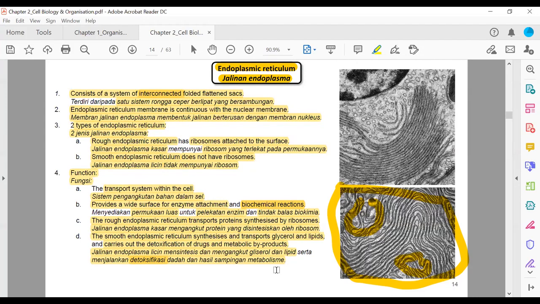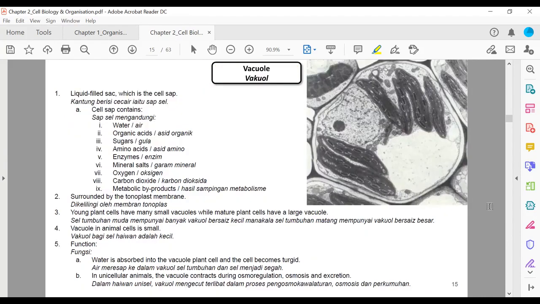So what does SER do? SER, jalinan endoplasma licin akan detoxify, menukarkan ammonia kepada benda lain yang kurang berbahaya, not toxic. These are the functions of the endoplasmic reticulum ataupun jalinan endoplasma. Ini function dia. Let's go to the next organelle.